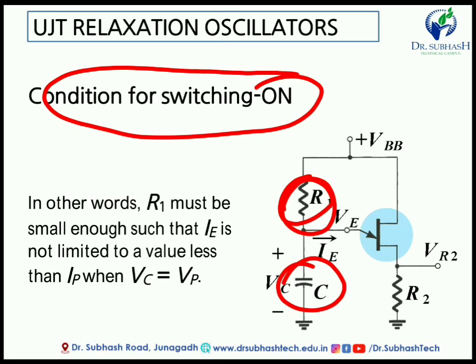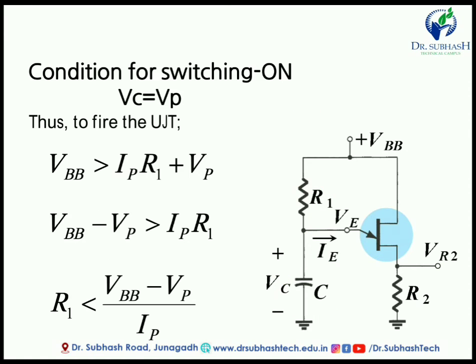So this is the relaxation oscillator's basic switching on condition, and you have to remember this equation: for switch on, VC is equal to VP, and VBB, the total voltage between B1 and B2, is always greater than IP R1 plus VP, and VBB minus VP divided by IP is greater than R1.